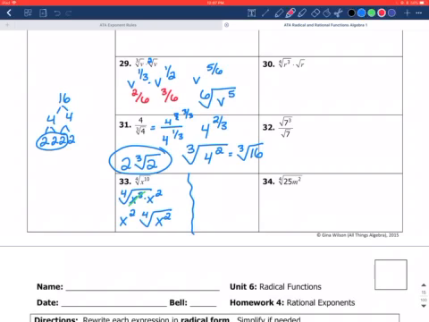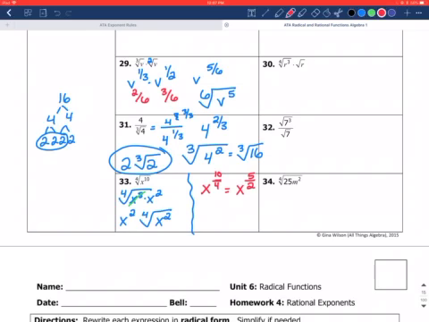So then if we decided to change this to exponential form, our index is a 4, so that would be our denominator, and 10 would be up top, right? So then we can simplify 10/4 and just make it 5/2.